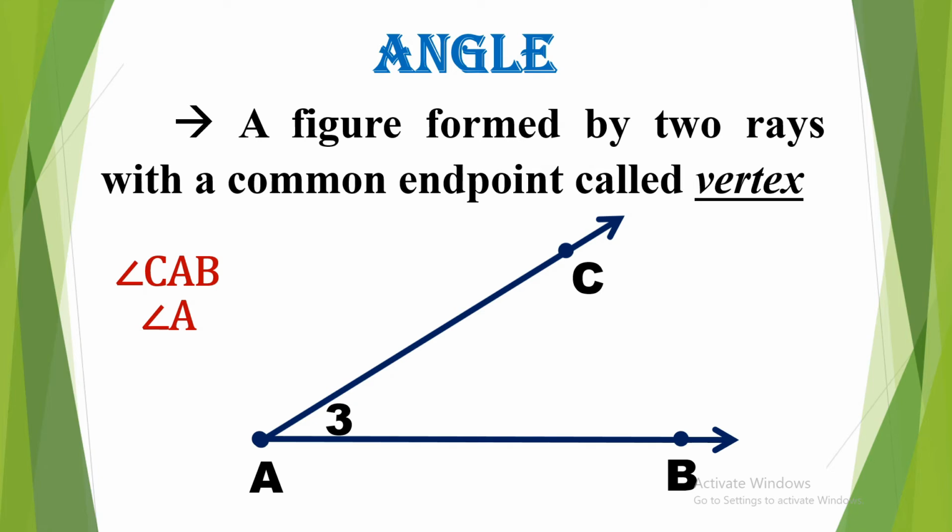Those numbers are seen inside the angle, specifically close to the vertex. So we can also name this as angle 3. There are three ways in naming an angle.